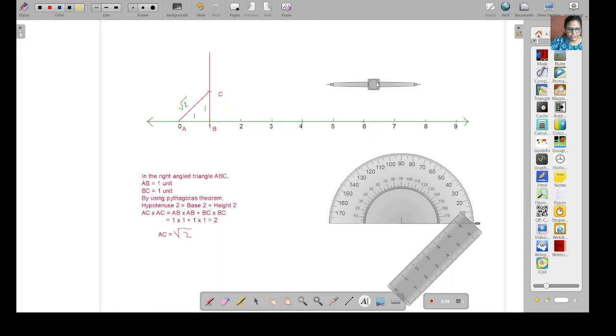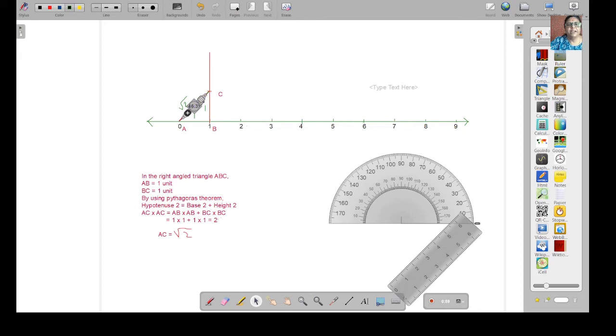For that you need to take the compass. So now keep the center of the compass on A and pinpoint of the compass on C. So now keep the center as O and radius equal to root 2.